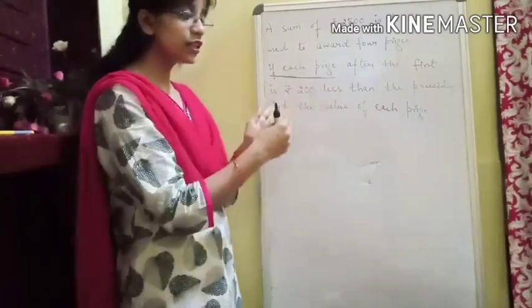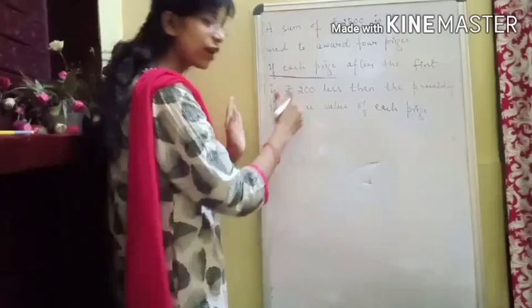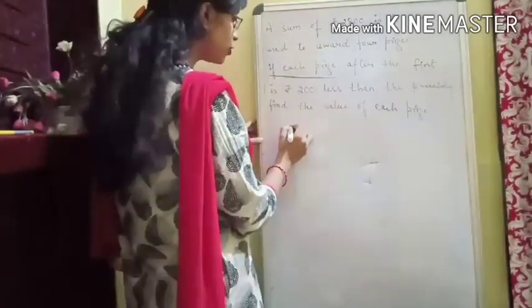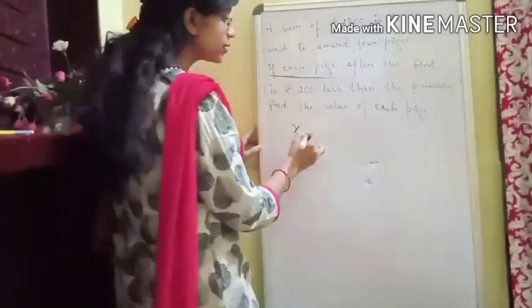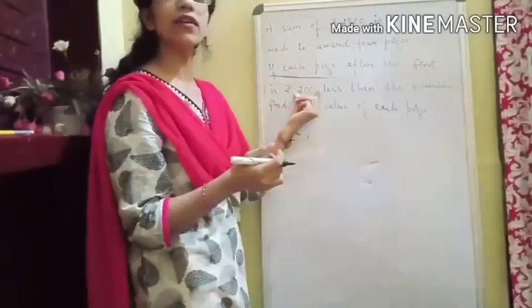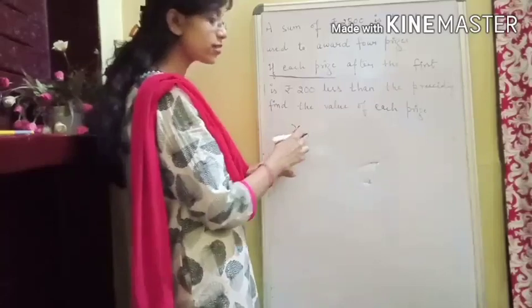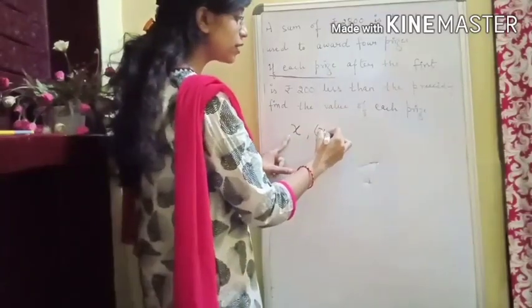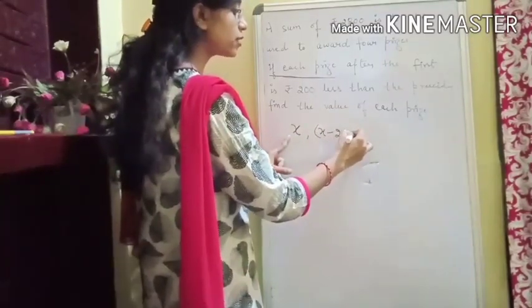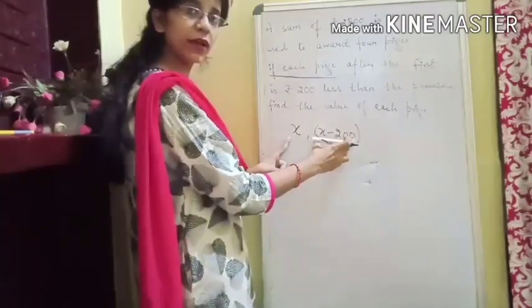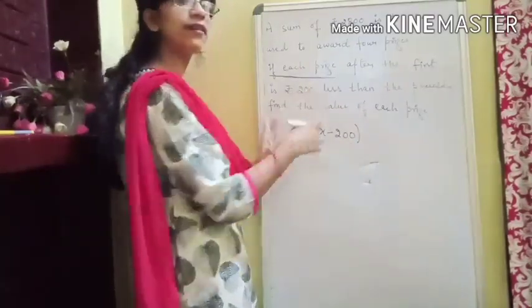Let's take the first prize as X, then the next prize would be 200 less than the preceding one. So the money for the second prize would be X minus 200.